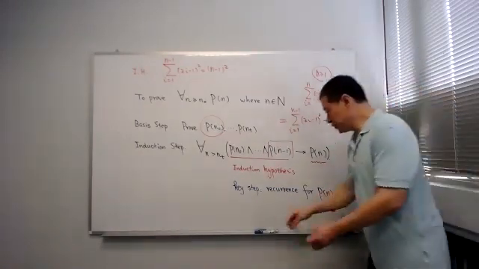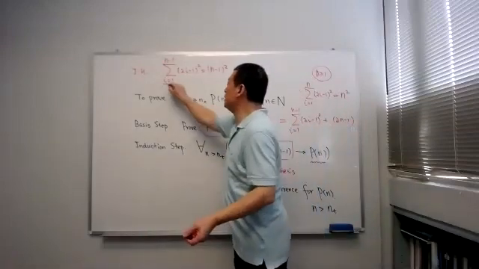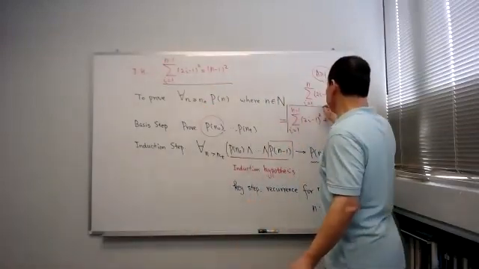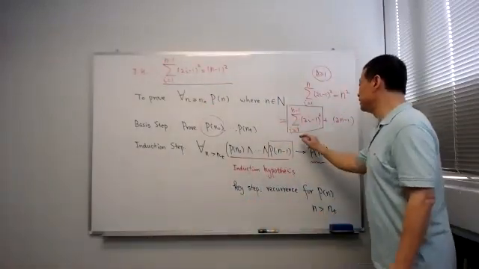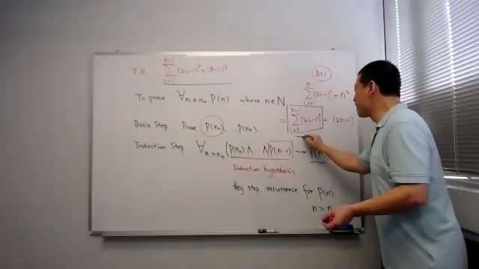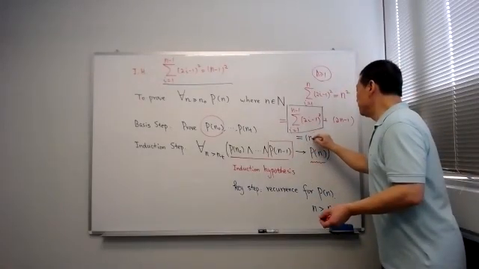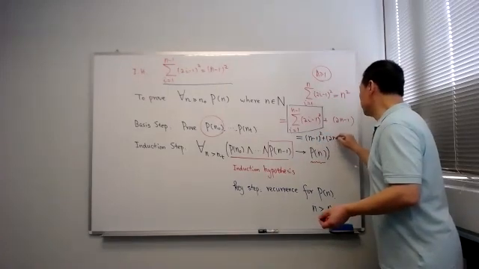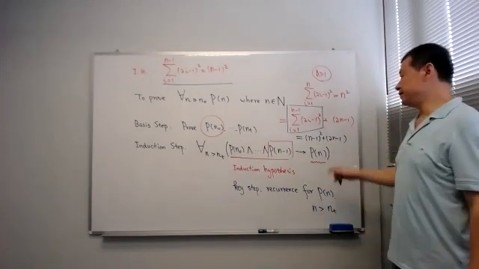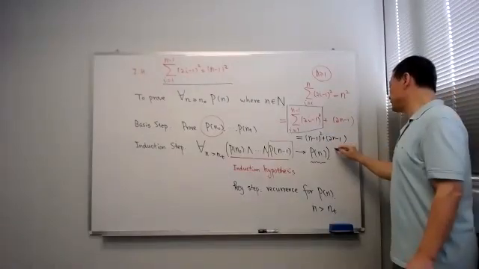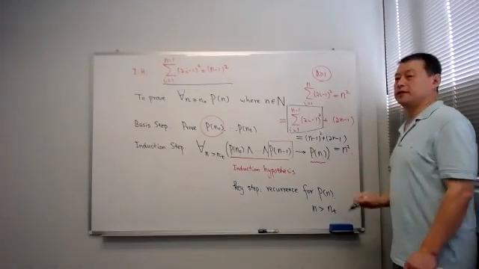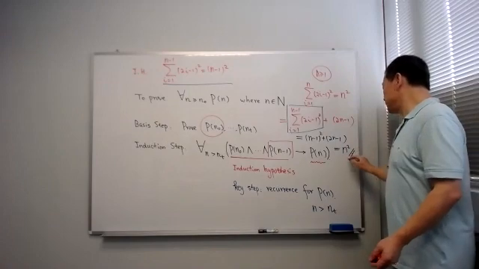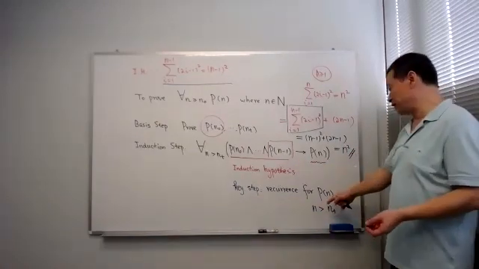Now we just use our assumption here. The induction hypothesis for this one gives us n minus 1 squared plus 2n minus 1. Then simple manipulation of this, of course, will give us n squared. So that finishes our proof. So you see, it's very, very easy once you get the recurrence.